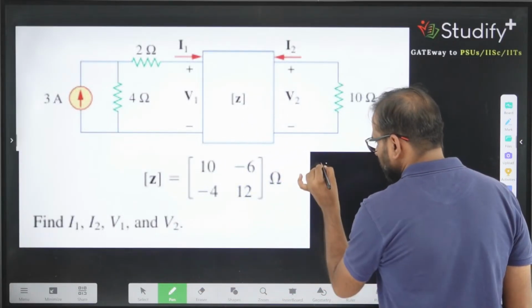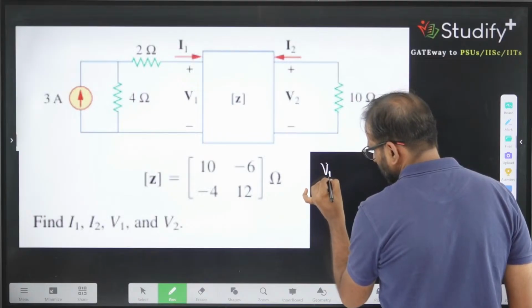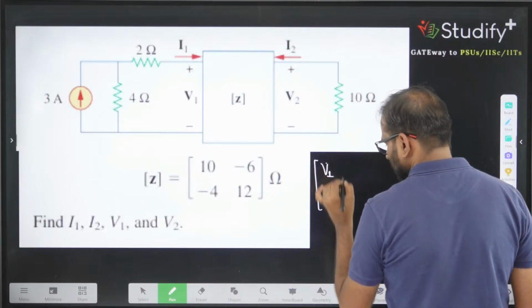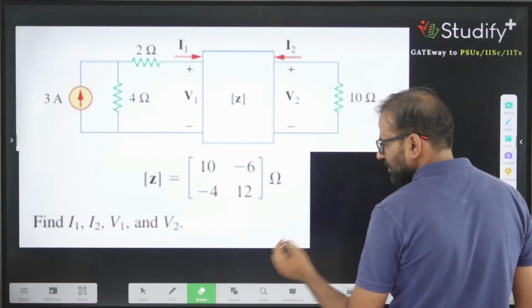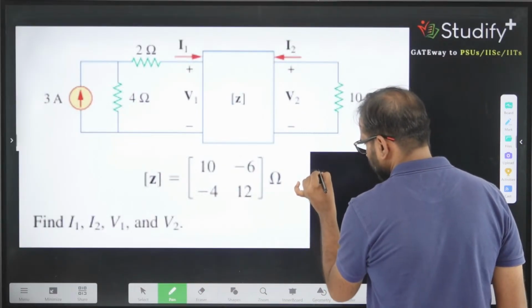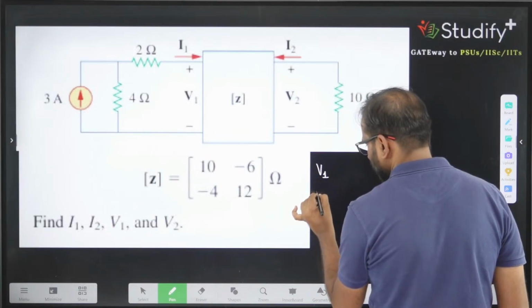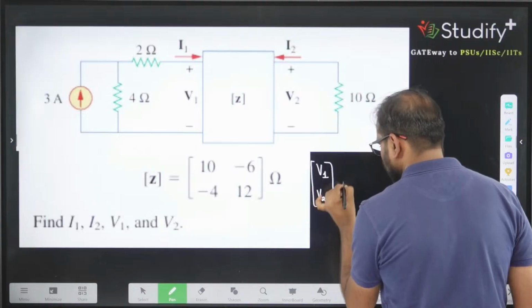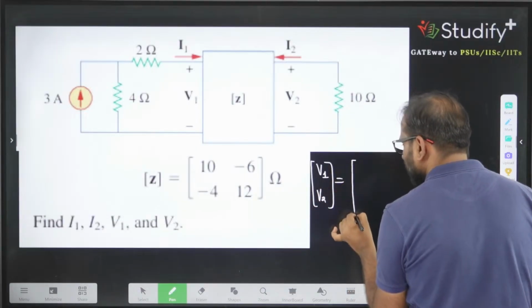The Z parameter is: V1, V2. We want to write V1, V2 as a function of I1, I2.